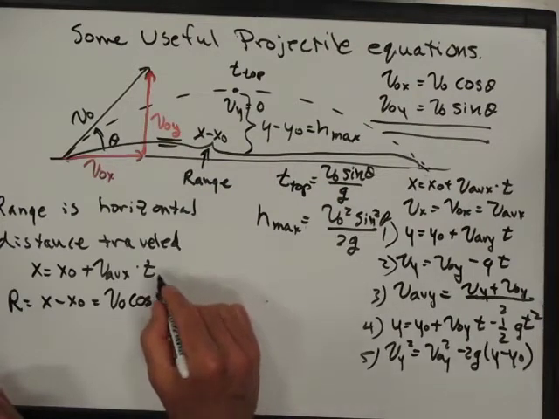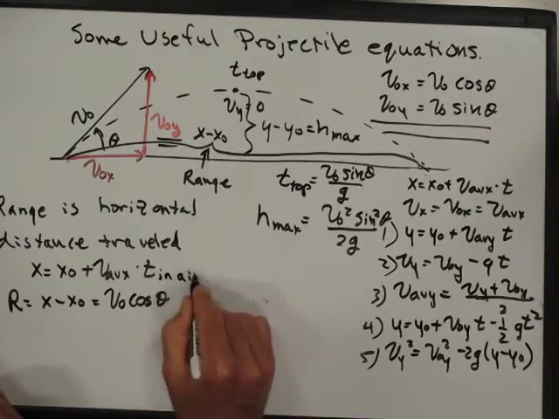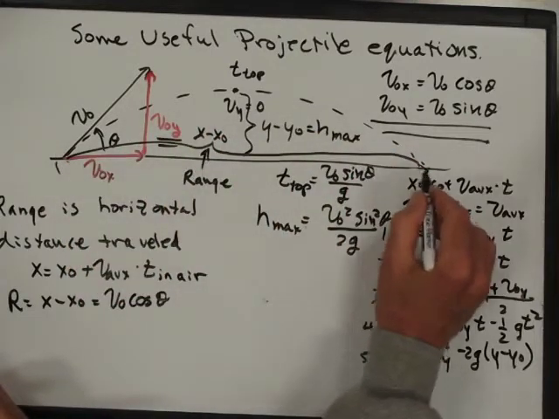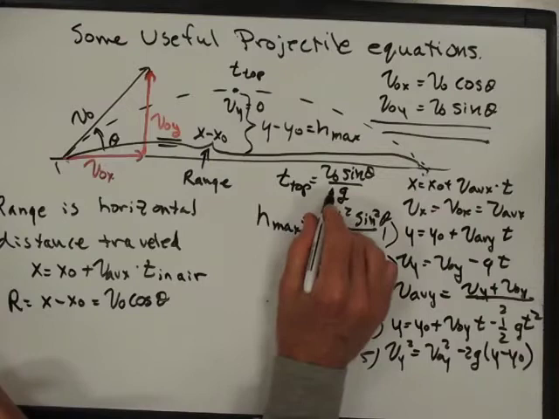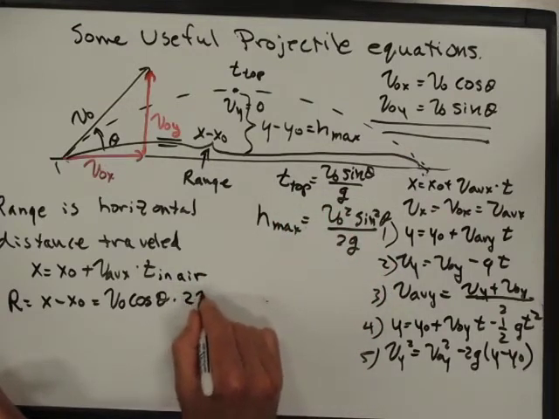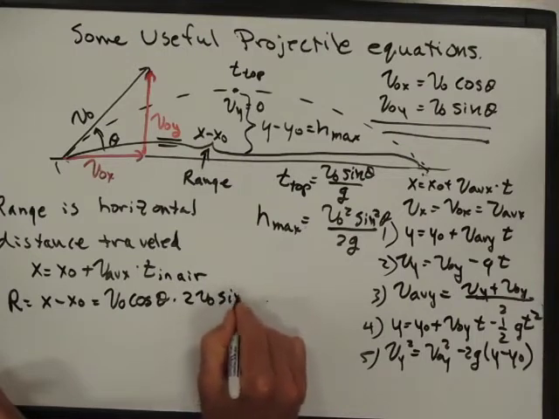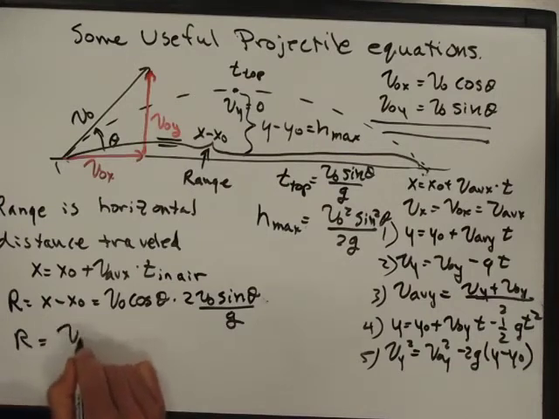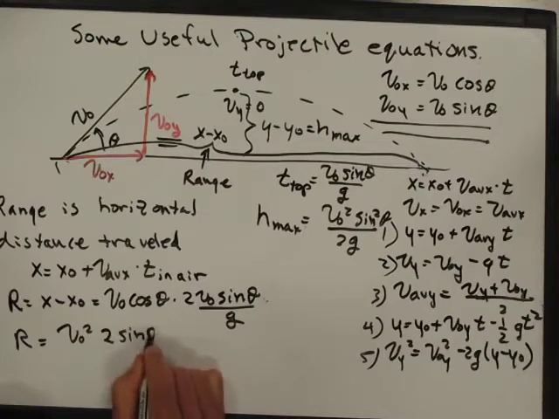Well, this is the time in the air, right? The total time in the air is how long it takes to get this to that spot, and it's just twice the time to the top, so it's times 2 v naught sine theta over g. And so the range becomes v naught squared times 2 sine theta cosine theta all over g.